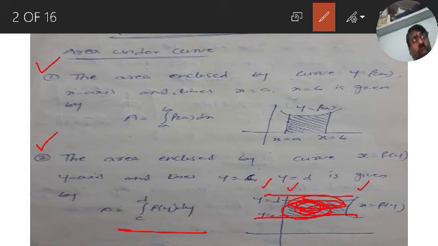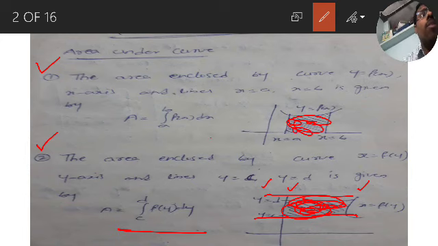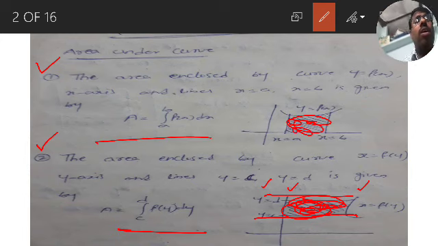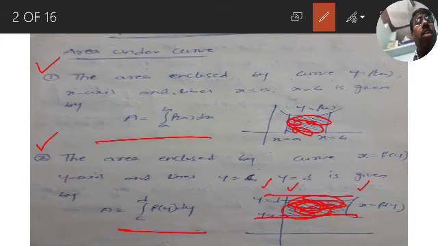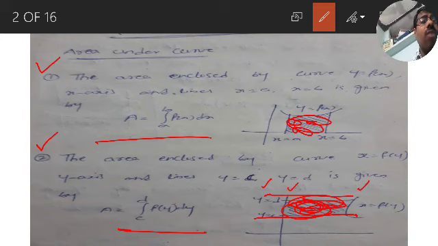So, in the first formula the curve is y in terms of x, that is y is equal to f of x, x-axis, line x equal to a, line x equal to b. Four boundaries are given and the area between can be found by A is equal to integration a to b f of x dx. Now, x is equal to f of y, curve is given, y-axis is given, line y equal to c, line y equal to d.